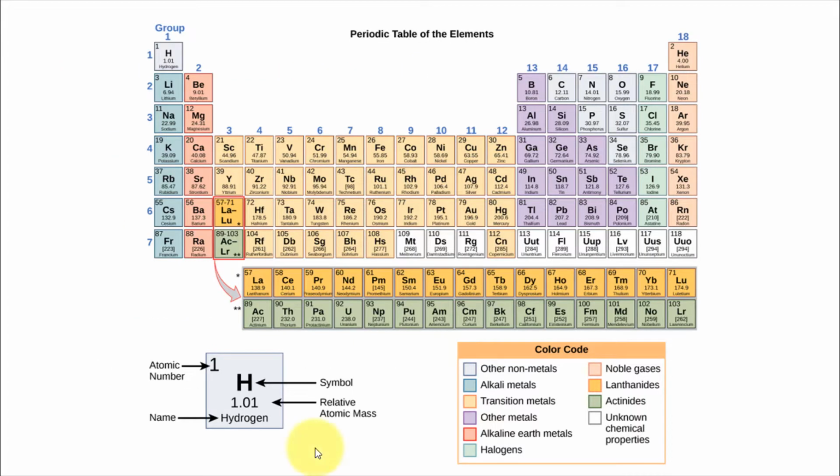So now, if we look a little bit closer at any of those elements, we will notice a few common things. Let's start with the first of the elements here, which is hydrogen, right? We see that there are different groups, group 1, 2, 3, 4, 5, 6, 7, 8, 9, 10, up to 18.